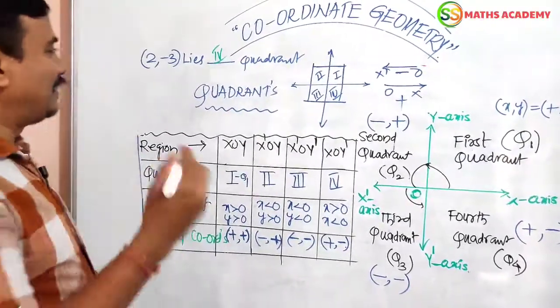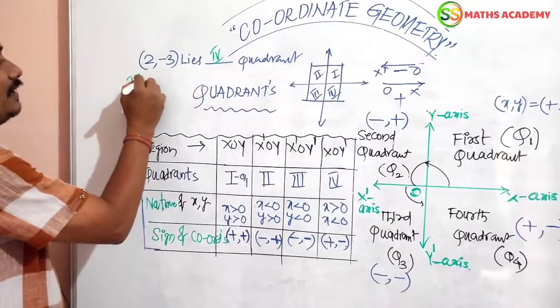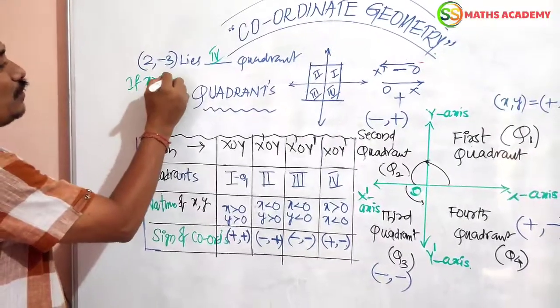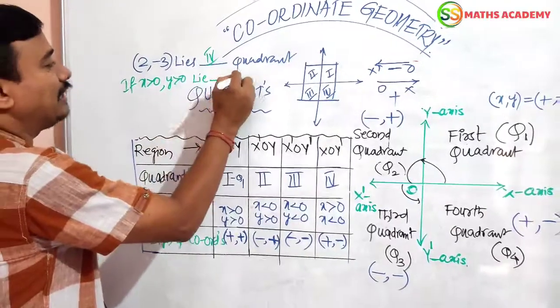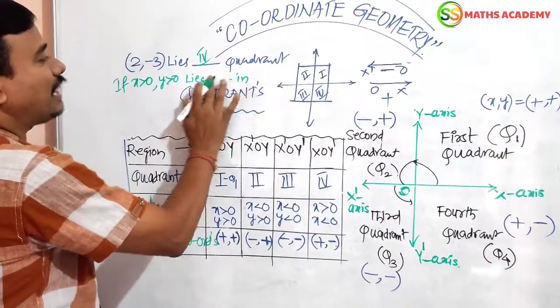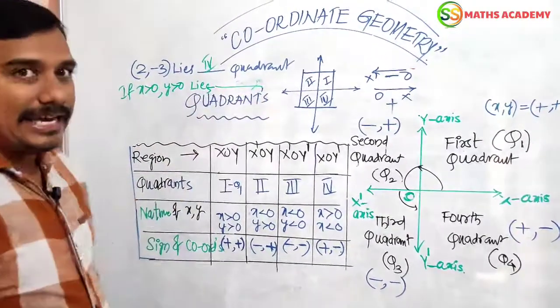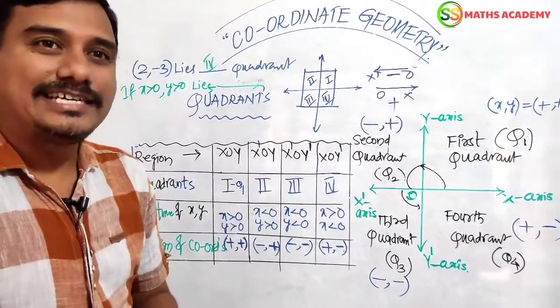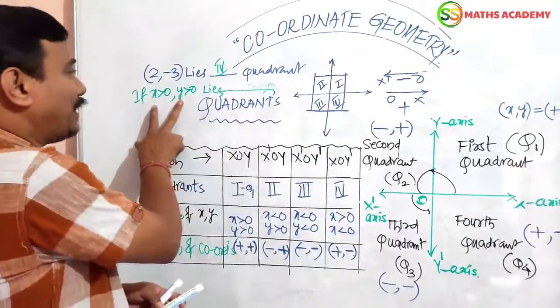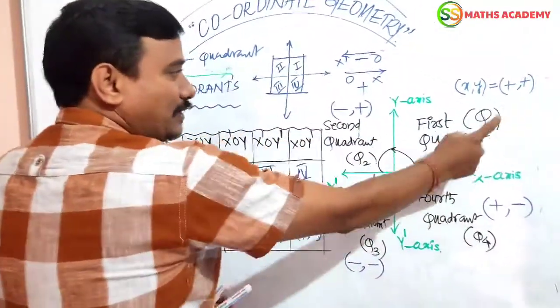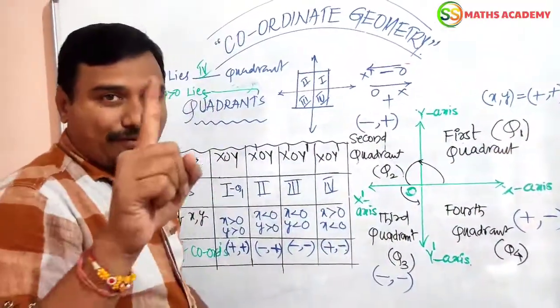One more example. If x is greater than 0, y is greater than 0, it lies in which quadrant? Greater than means plus. Both are plus. Which quadrant? First quadrant.